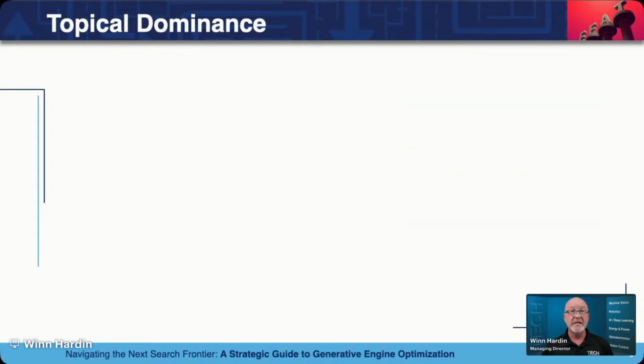Now, let's move into topical dominance. How do we establish that? To be recognized as an authority by AI, a brand must demonstrate comprehensive knowledge of its core subjects. Sporadic blog posts on disconnected topics are insufficient. We're not just packing keywords into our websites as we have in the past.